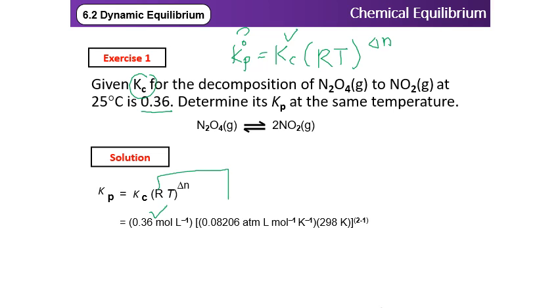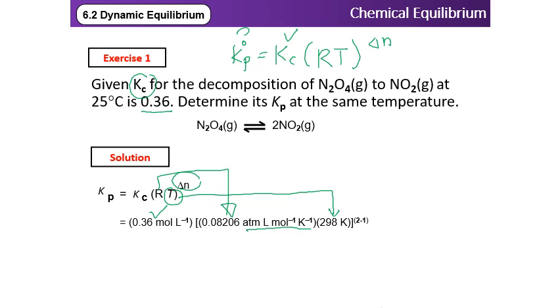R is still standardized as in the ideal gas equation, 0.08206, since we are going to use this gas constant in atm liter per mole per Kelvin. So the temperature also must be in the unit of Kelvin. 25 degrees Celsius means 298 Kelvin.